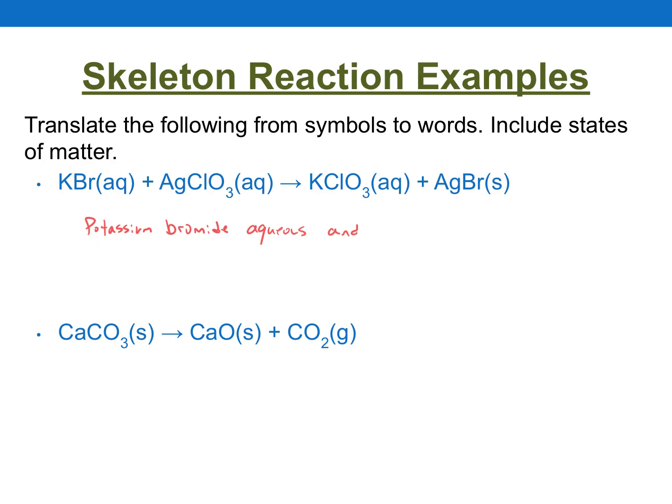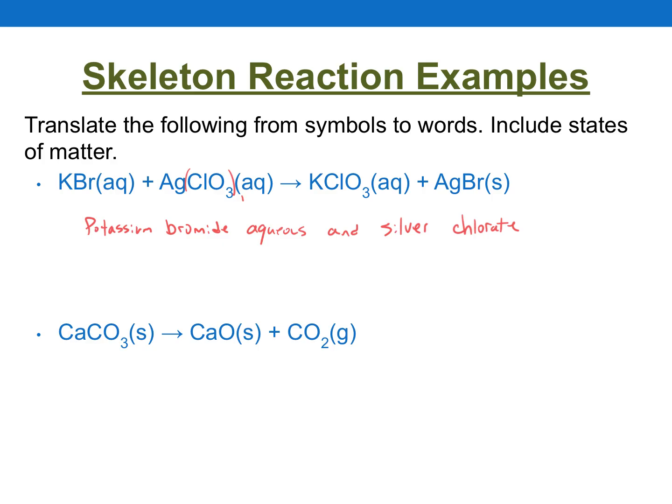So I can say aqueous potassium bromide, and AgClO3. This is silver, and this is chlorate, so silver chlorate. Now, because silver's a transition metal, I need to remember the Roman numeral. Remember that with polyatomic ions, even though we don't write them with parentheses around them, if there's a 1 down here, that means there's one of these ions, and I need to figure out the charge of the silver that combined with the chlorate.